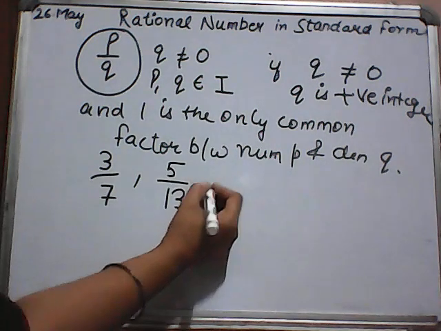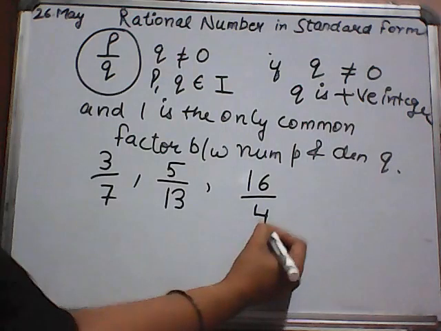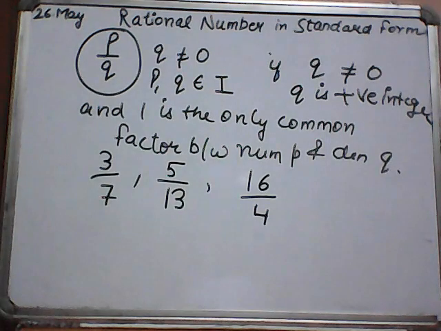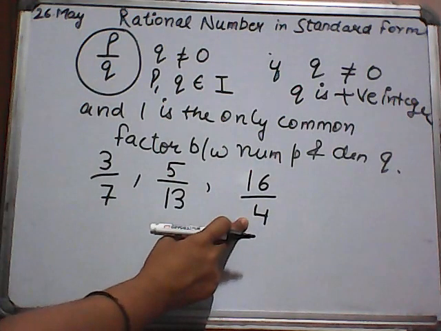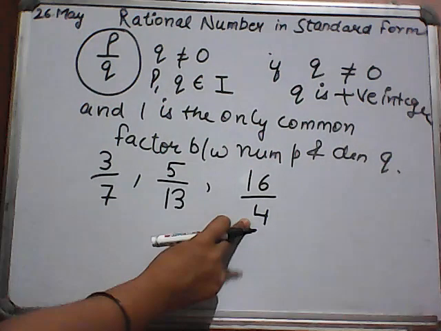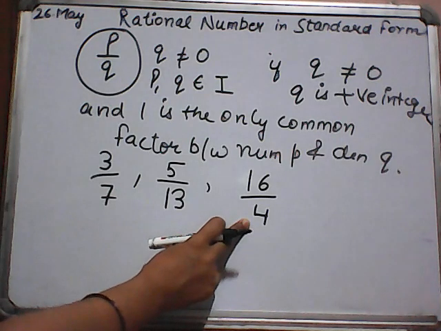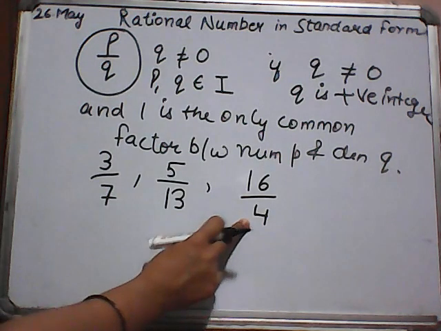If I write 16 divided by 4, it is not in standard form as there is a common factor other than 1. 16 and 4, both numbers are divisible by 4 other than 1. That's why you can say it is not in standard form.